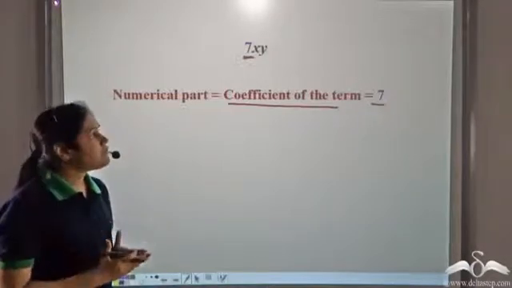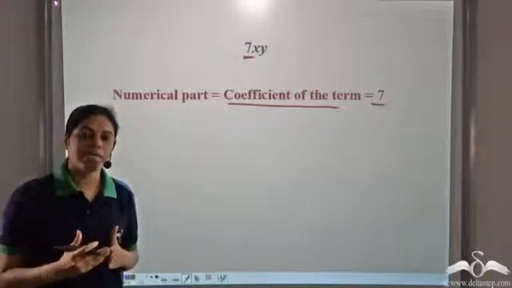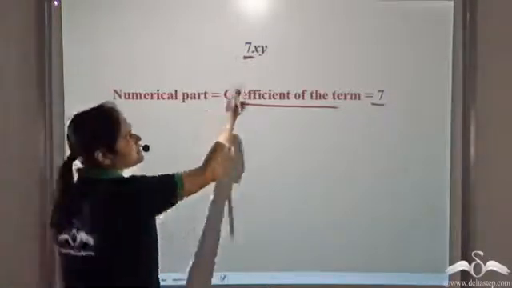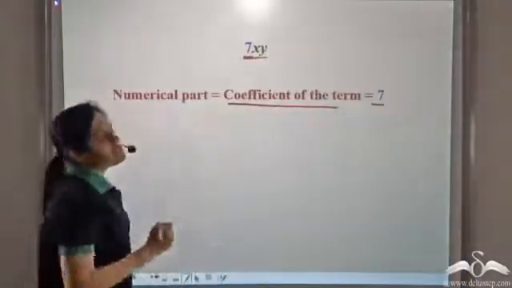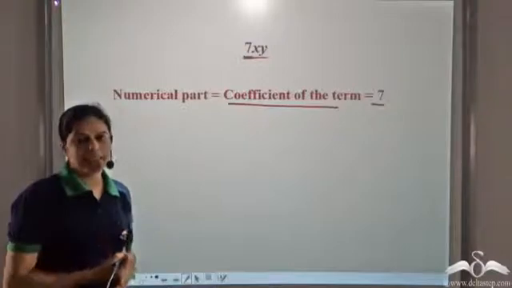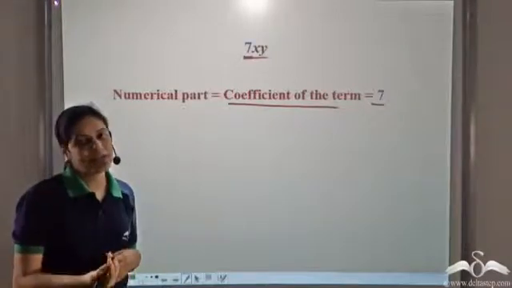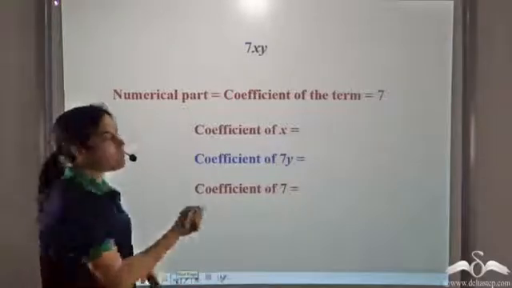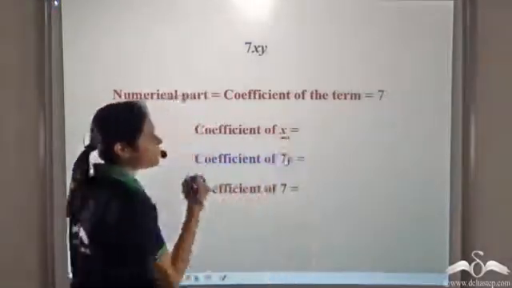Now, coefficients are also defined for different factors of a term. So if we consider this term, coefficients are also defined for different factors of this term like x, y, 7x, xy. So what is the coefficient of x?